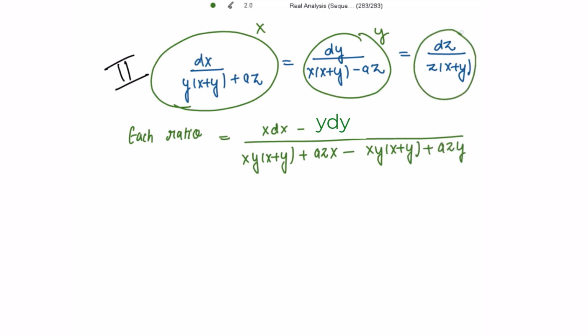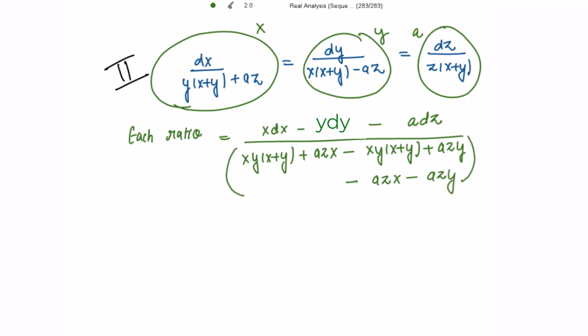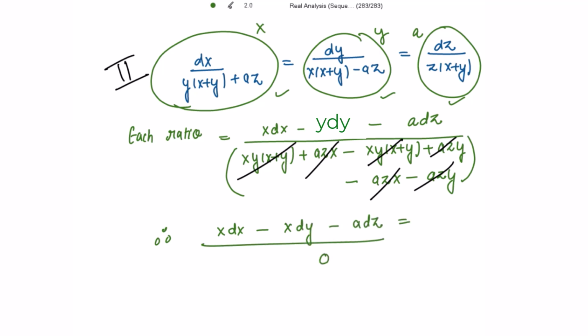Then multiplying this ratio with z, minus multiplying this ratio with a and subtracting. So this is a dz. So in the denominator also, minus azx minus azy. So cancelling this, also this, and also this, we are getting x dx minus y dy minus a dz, because the denominator is 0.